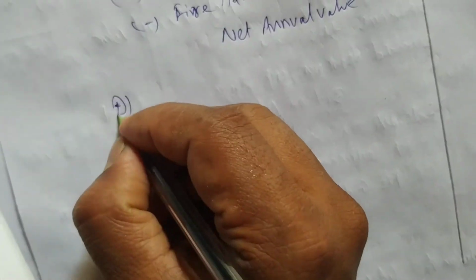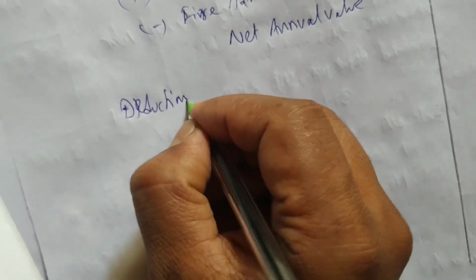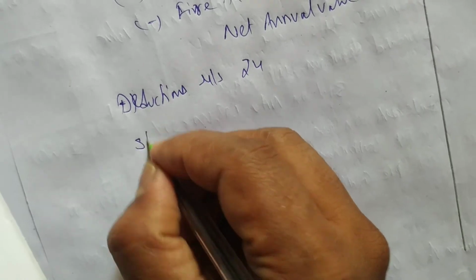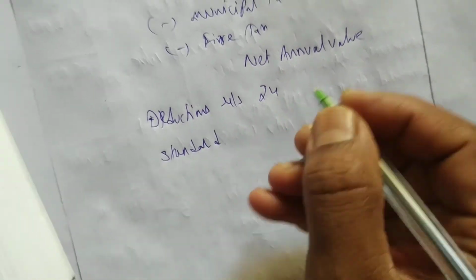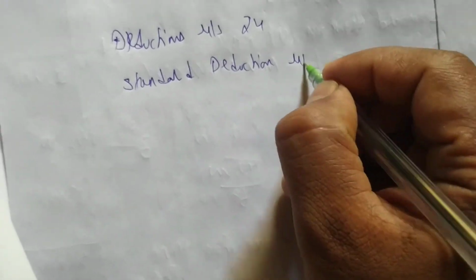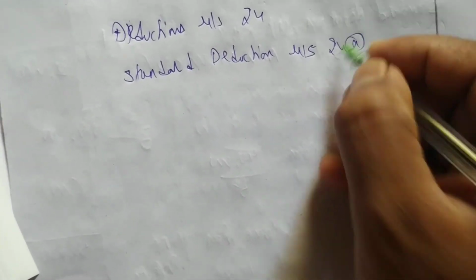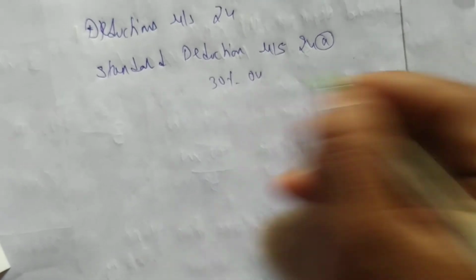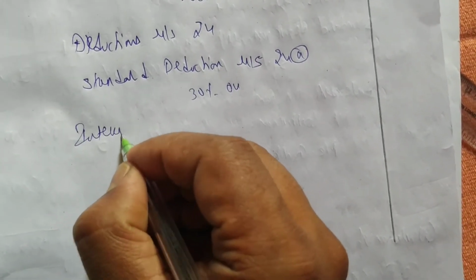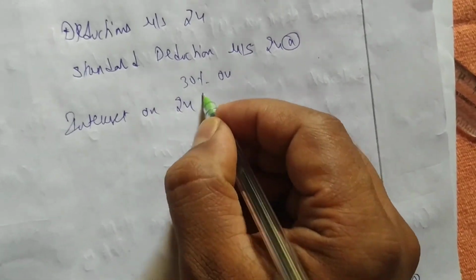From that you deduct deductions under section 24. First is standard deduction under section 24A, 30% on whatever NAV you get. Then interest on loan, 24B.